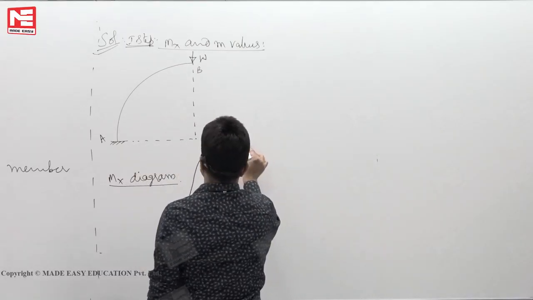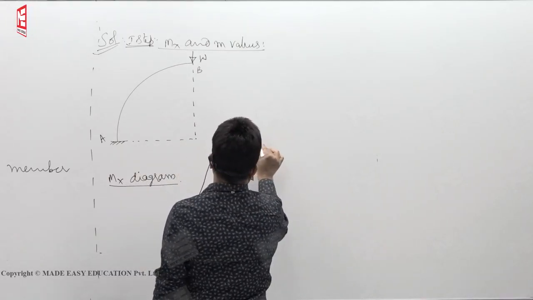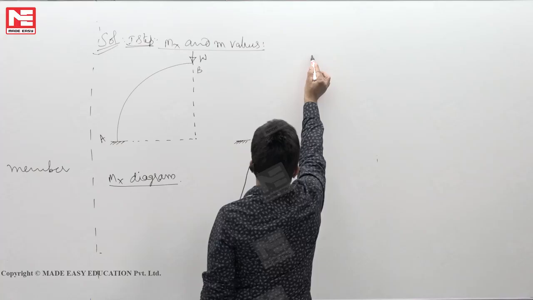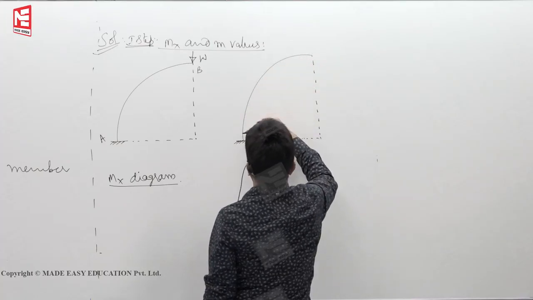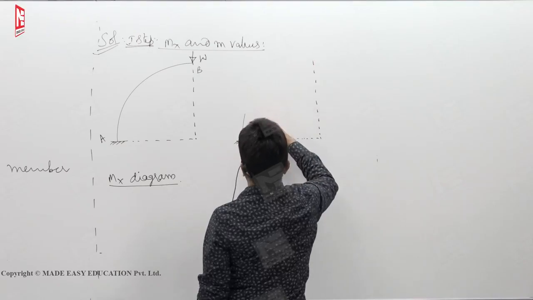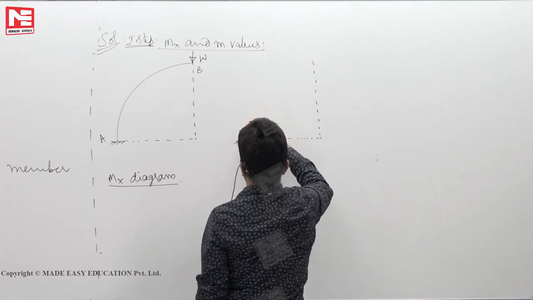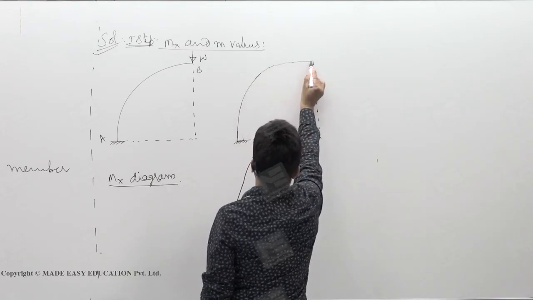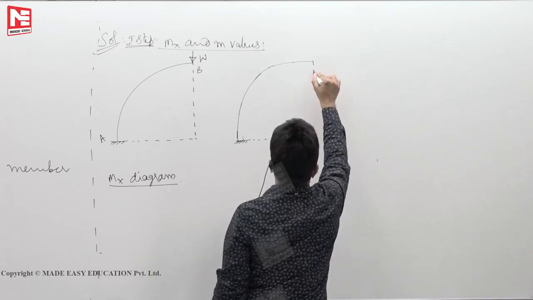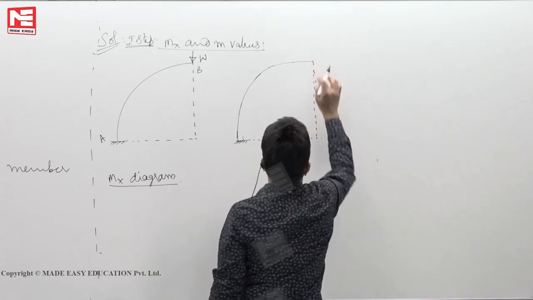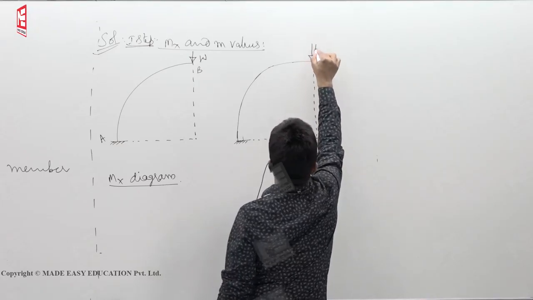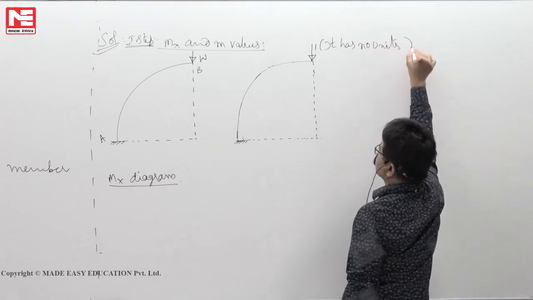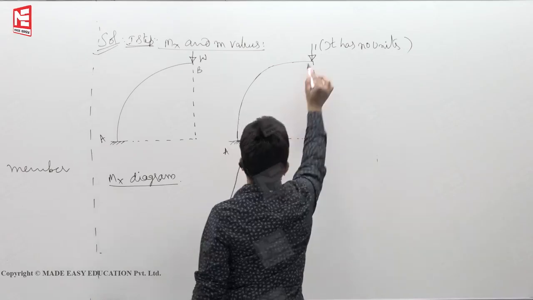Then the small m diagram means unit vertical load, which means 1. Here 1 you have to put, and this one has no units. This point again A, B.